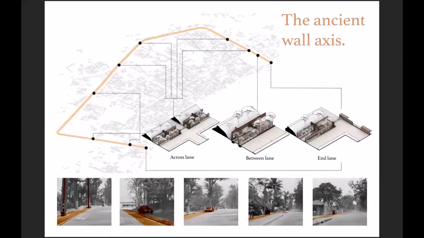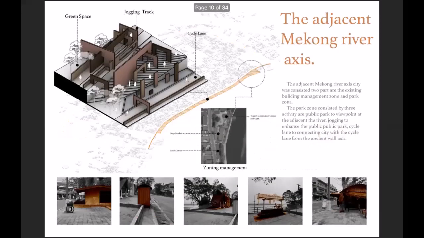From the result of the edges, the first edge that I told you is the ancient wall edge. The potential of the location is that there is a bike lane in this area, so they use the potential to create the identity. And the second is the Mekong adjacent river axis.